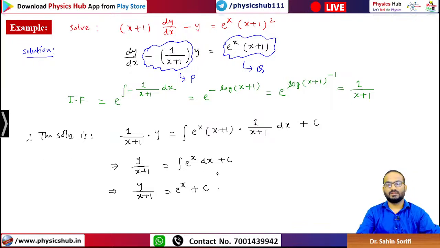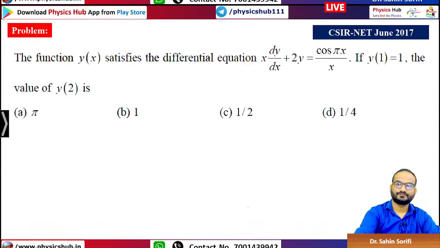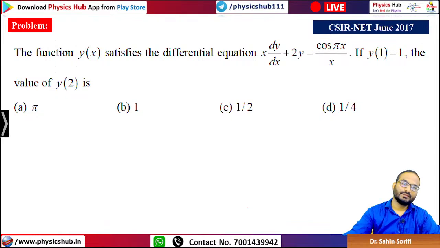Now I am giving you a problem which came in June 2017. You just give it a try. The function y of x satisfies the differential equation.